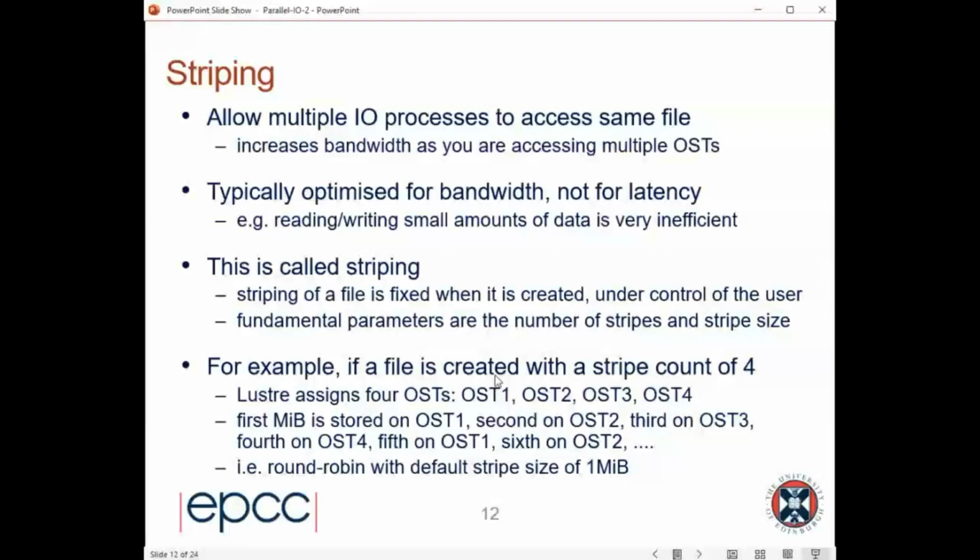There's a stripe size, and the stripe size is by default 1 megabyte. The first megabyte is stored on OST 1, the second on OST 2, the third on OST 3, the fourth on OST 4, and the fifth back on OST 1. So if you do any I/O transaction of 4 megabytes or more, it will access all the OSTs, which is what you want. So it's round robin, and the default stripe size is 1 megabyte. You can change that, but we found that the default typically seems to work.